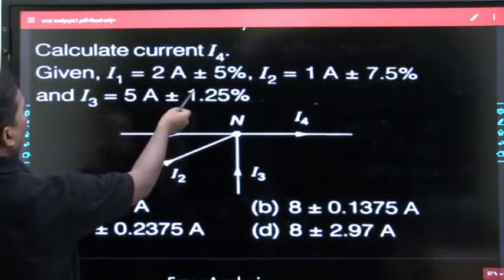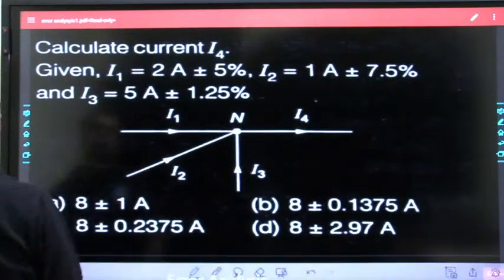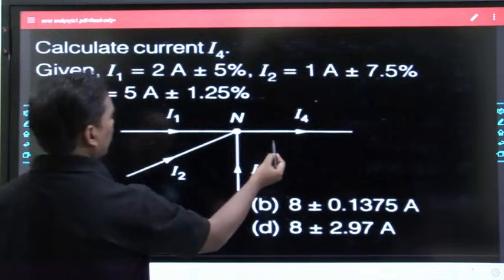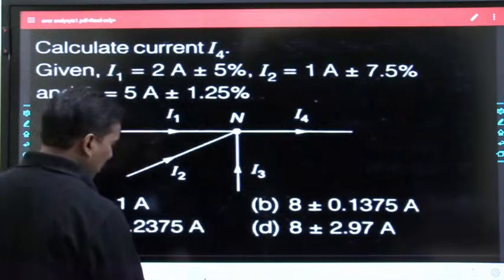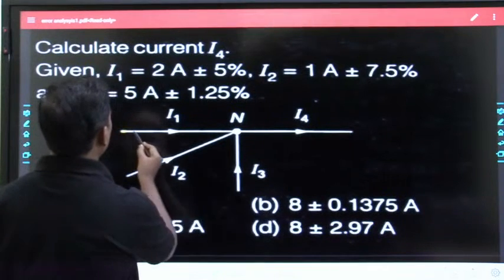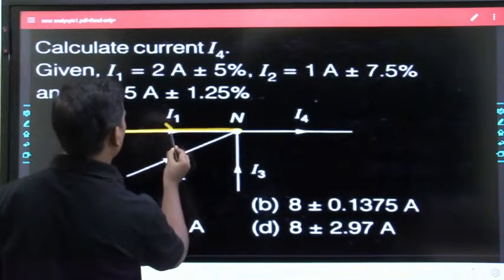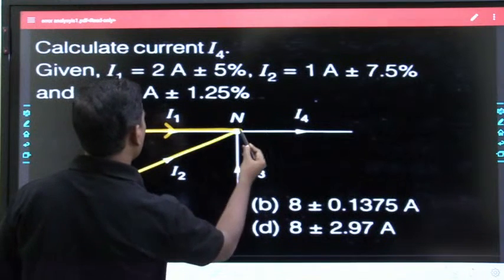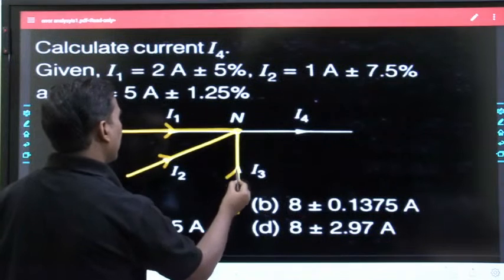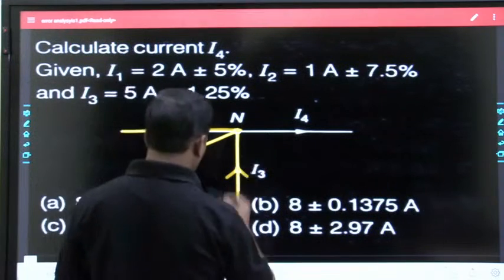Try to answer this question. I think the question is visible to you clearly. Calculate the current I4. If you see the picture clearly, I1 is the current entering, I2 is also the current entering, I3 is also the current entering, and I4 is the current leaving.